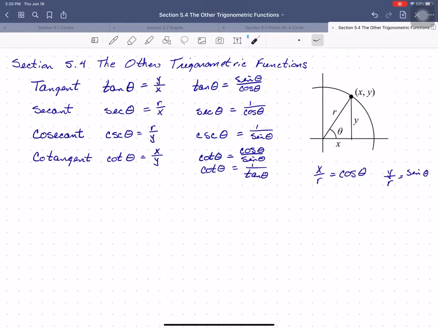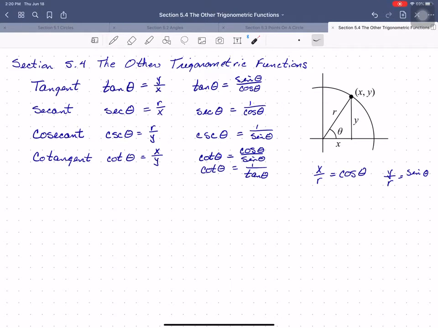And these are the definitions of tangent, secant, cosecant, and cotangent, and they're all based on rotation around a circle of radius r and the coordinates of that point on the circle. And so we can do some of the same sorts of things that we have done before.